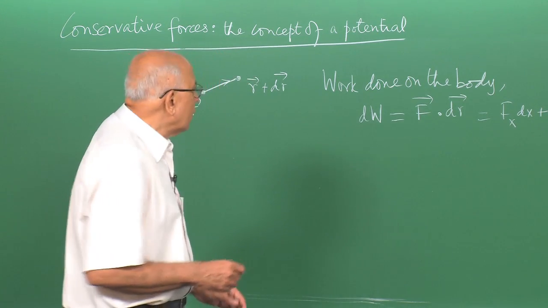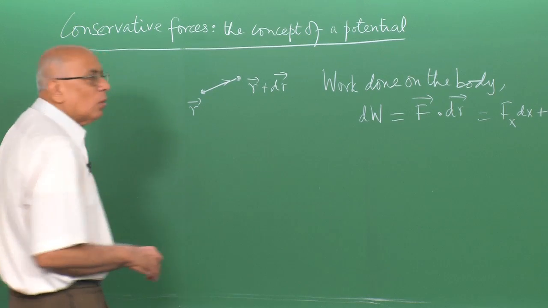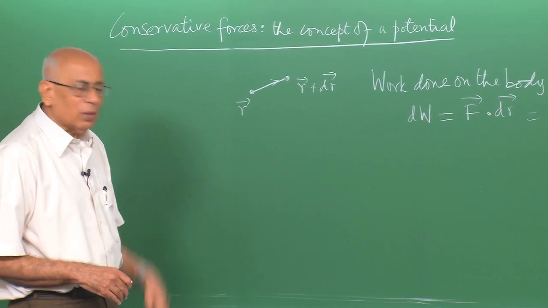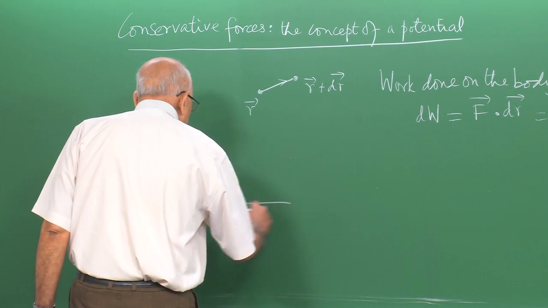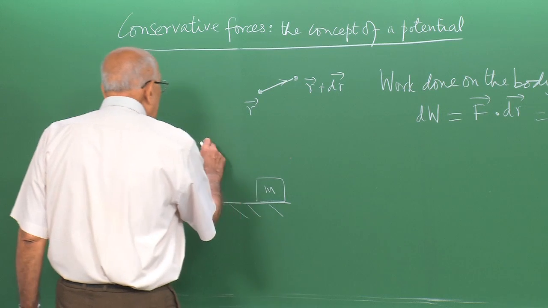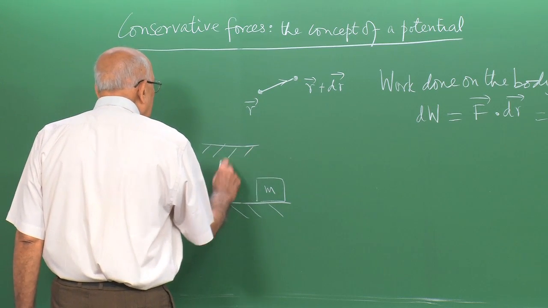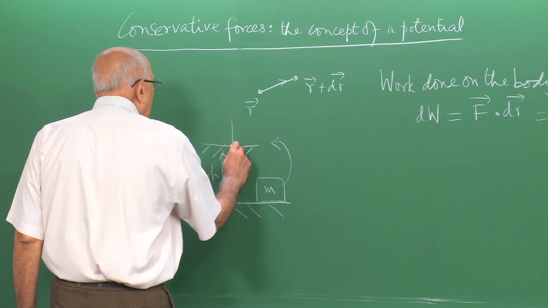More generally, where does this work go? It goes into the stored energy of the system. To give a very simple example, suppose here is a ground level and I have a mass m sitting here, and we have a shelf at some height h above the ground, and I lift this mass up and put it up here.